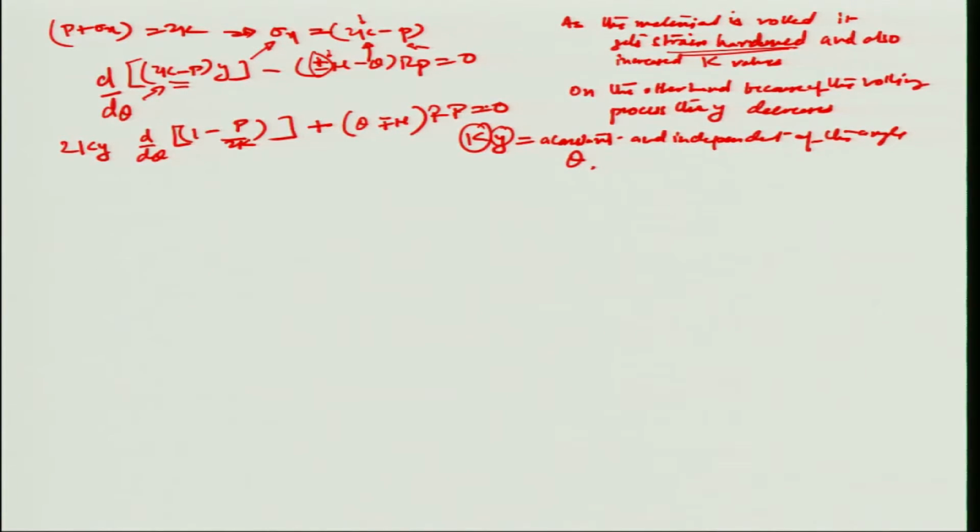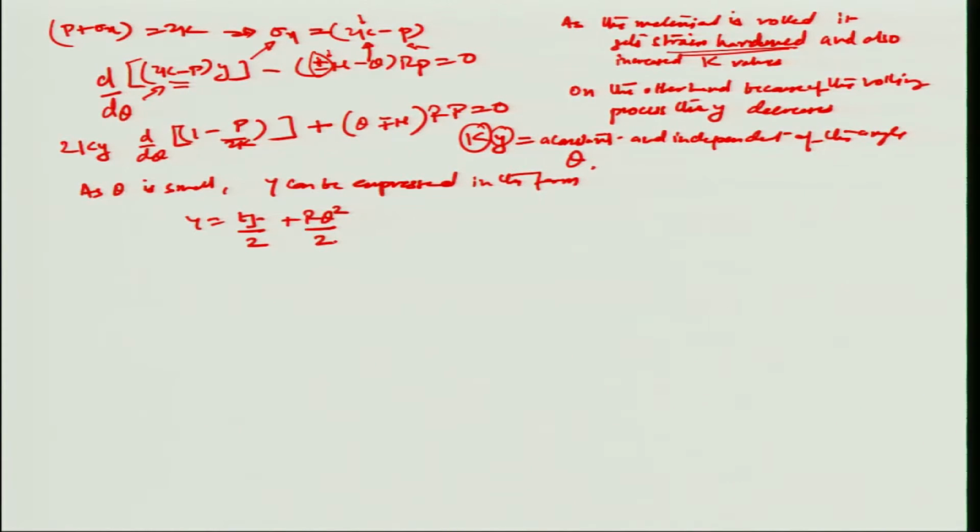And having said that, I further try to find out for small theta how y can be expressed. As theta is small, we can easily say y can be represented as y equal to Tf by 2 plus r theta square by 2.